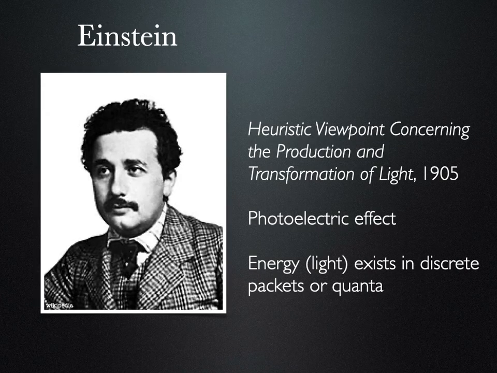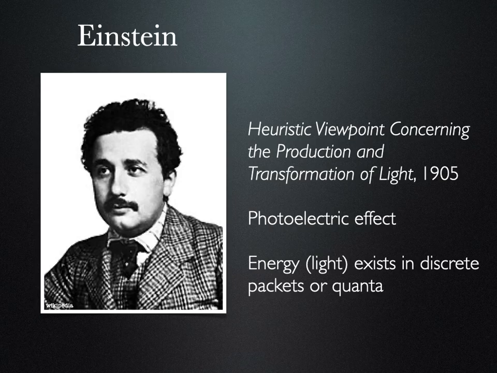Enter Albert Einstein, who is most well known for his theory of relativity. It is certainly less well known that he was passed over for a Nobel Prize on that theory. Instead, his lone Nobel Prize came from a paper called The Heuristic Viewpoint Concerning the Production and Transformation of Light, which was published in 1905. In it, he described and explained what is called the photoelectric effect.